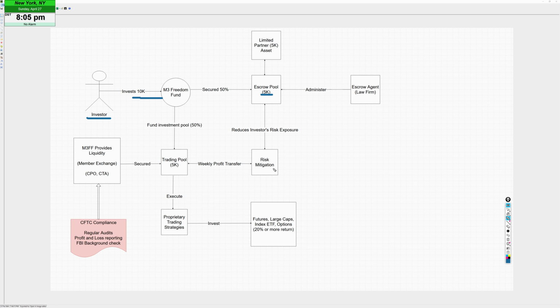Immediately after that, we give you documentation or a binding contract that says you are a limited partner who has a 5K asset in this escrow.